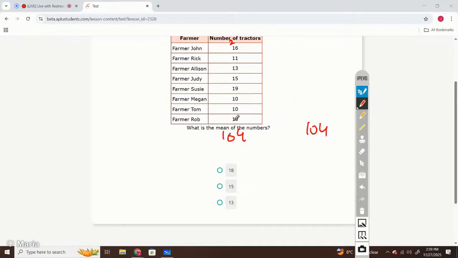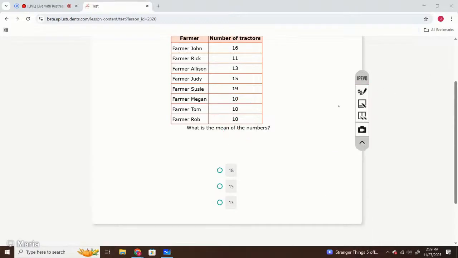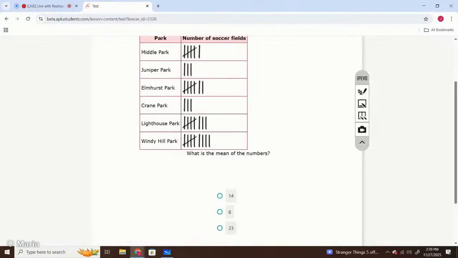And divided by 1, 2, 3, 4, 5, 6, 7, 8. So that is 8 times 1 is 8 and 8 times 3 is 24. So the correct option is 13. Option number 3 is the correct option.